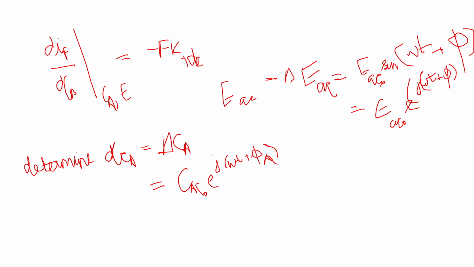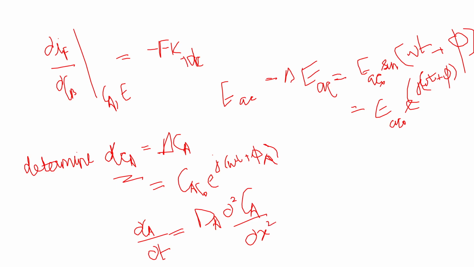Okay. Now what do you need to do? Now you have to find out dCA, right? Del CA. So you know dou CA by dou t equal to DA dou square CA by dou x square, and CA is what? It is CA DC plus CA AC, right?